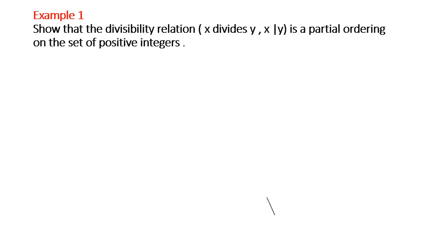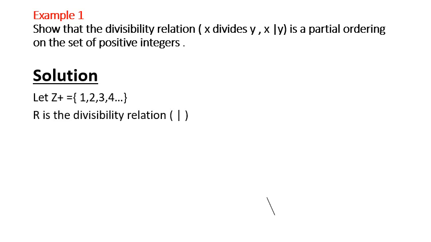So let us see the solution. Let Z plus be the set 1, 2, 3, 4, and so on. Then R is the divisibility relation. Then we can see that if we take any positive integer 1, 2, 3, 4, 5, etc., 1 divides 1 itself, 2 divides 2 itself, 3 divides 3 itself.